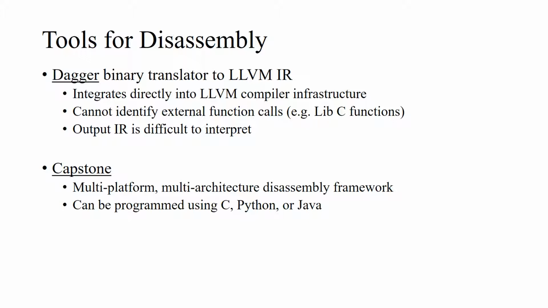The other option is the Capstone Ultimate Disassembler, which is another open source tool, which instead of producing an IR code, the disassembler can transcribe bytes as machine-dependent assembly instructions, and the infrastructure of the disassembler can be programmed or modified using C, Python, or Java.